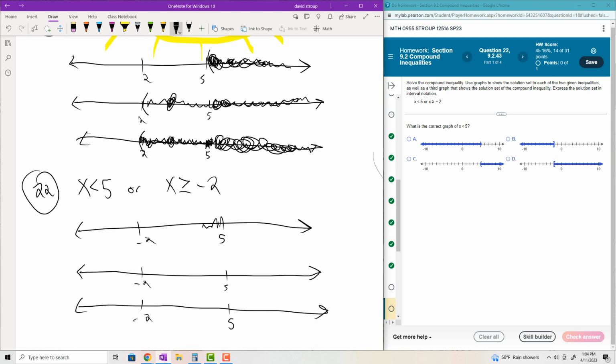X less than 5 is everything below 5, but not including 5, so open parentheses. And then greater than or equal to -2 is just everything above -2. And then if you think of the shadow, pretty much everything is going to be in the shadow, right? So the resulting shadow is just everything.